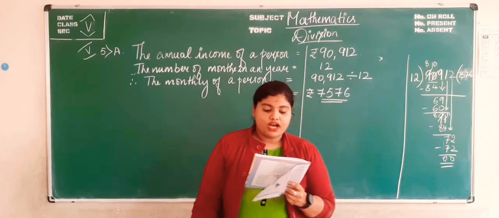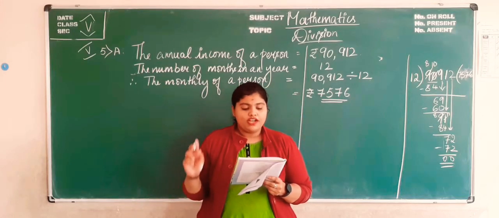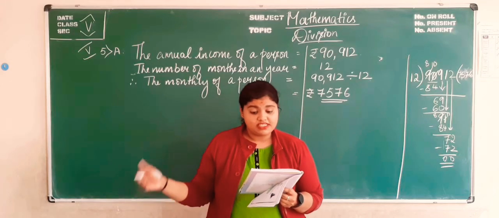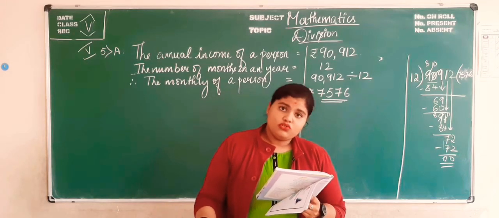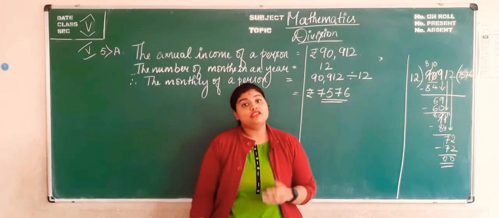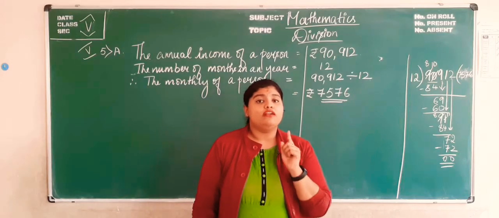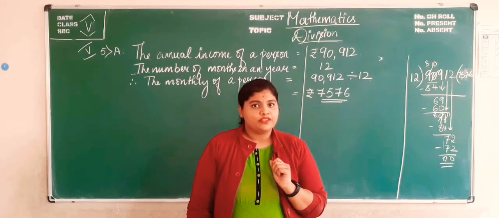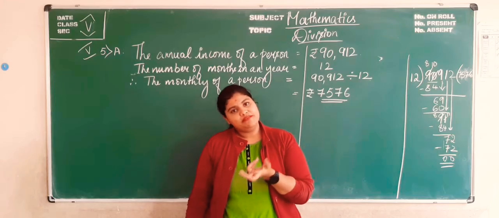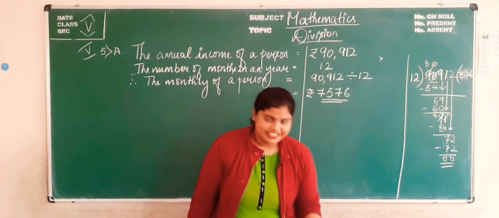Find the number of cars manufactured in 1 month. So the number of cars manufactured in 13 months is equal to 14,820. Now we have to find out how many cars were manufactured in 1 month. So how do you do it? Yes, the number of cars manufactured in 13 months divided by 13.